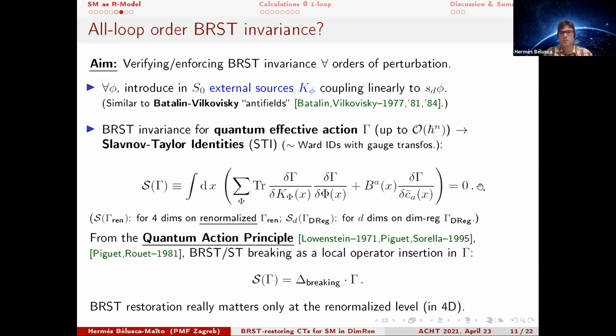If it is not, then this means you have anomalies. And if you have anomalies, the quantum action principle tells you that these anomalies should be local insertions. So they can be interpreted as local operators that have local Feynman rules.